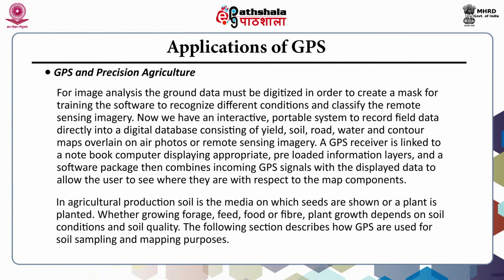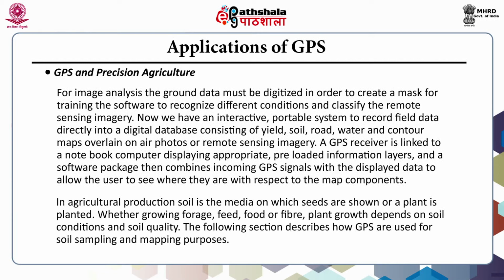For image analysis, the ground data must be digitized in order to create a mask for training the software to recognize different conditions and classify the remote sensing imagery or RS imagery.